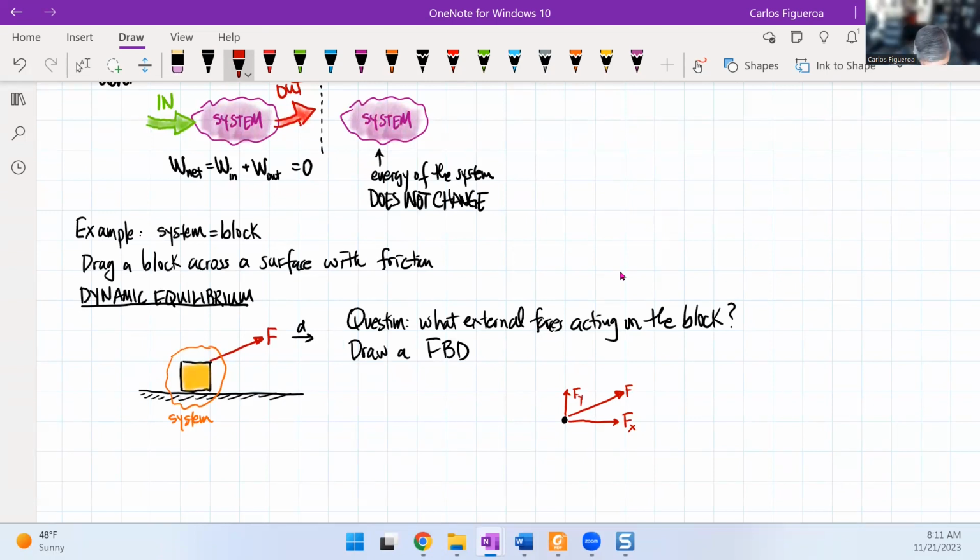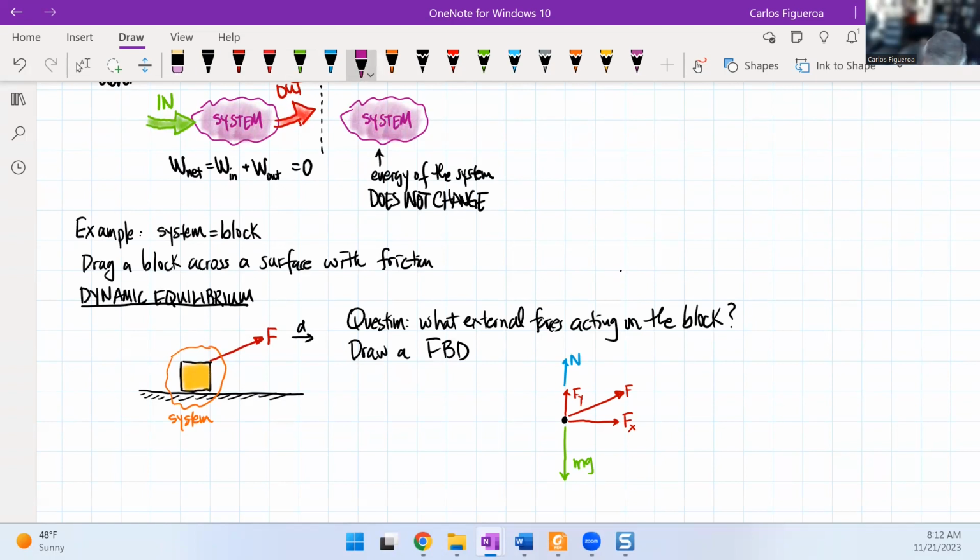Now I have a normal force pointing up, and I have my force of gravity. Since this thing is sliding across the surface and it's in dynamic equilibrium, we know that the normal plus the force in the y direction has to equal mg.